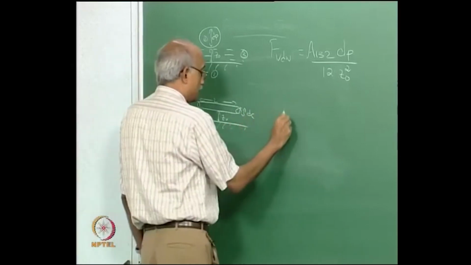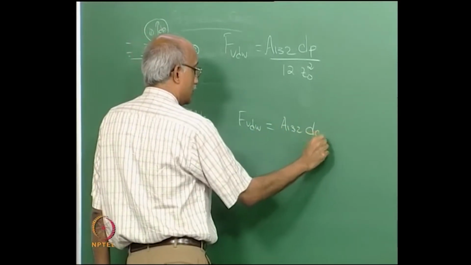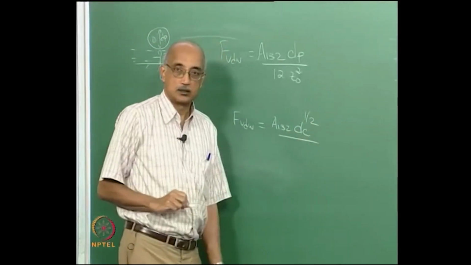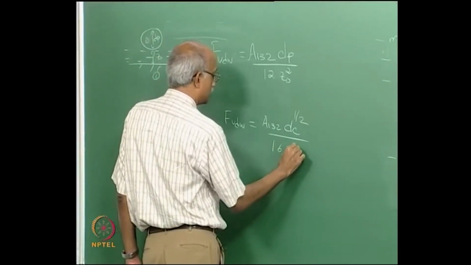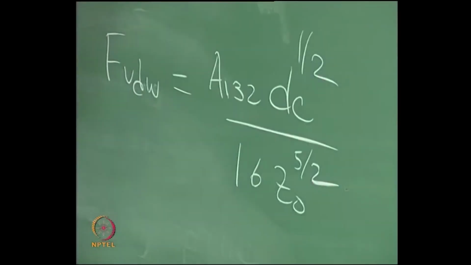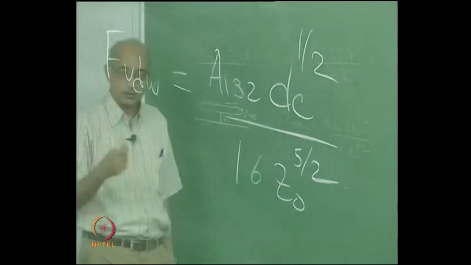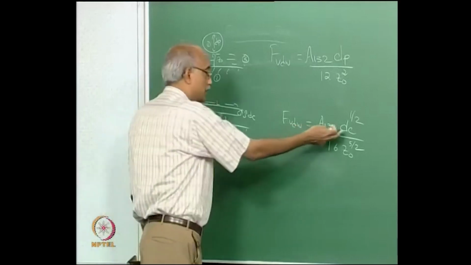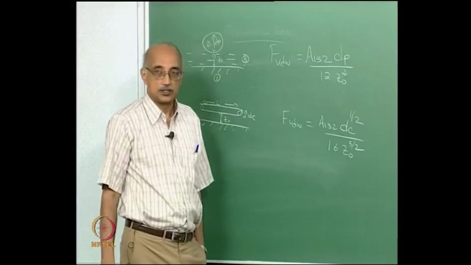In this case, the van der Waals force is given by A132, but now there is a square root dependence on the diameter of the cylinder, divided by 16 times z0 to the power 5/2. So, just by changing the shape of the particle from sphere to cylinder, you change not only the magnitude of the adhesion force, you change the qualitative nature. For example, even the dependence on diameter is different, as is the distance dependence.